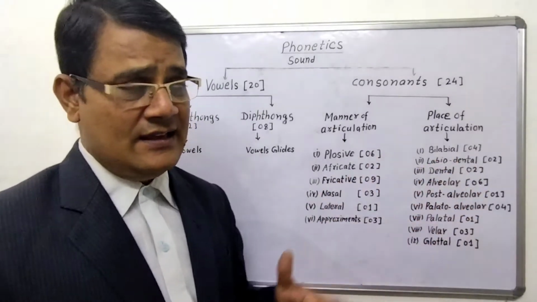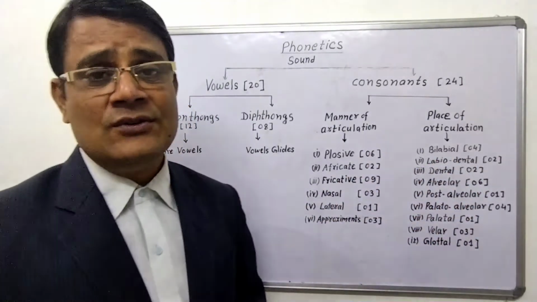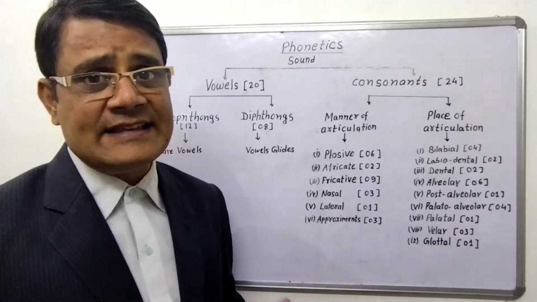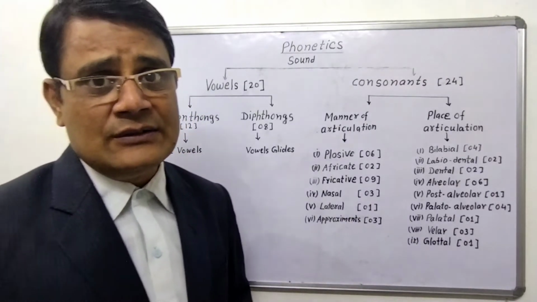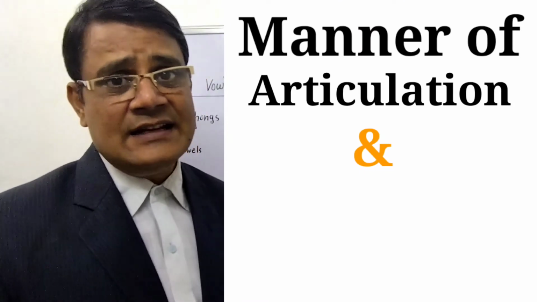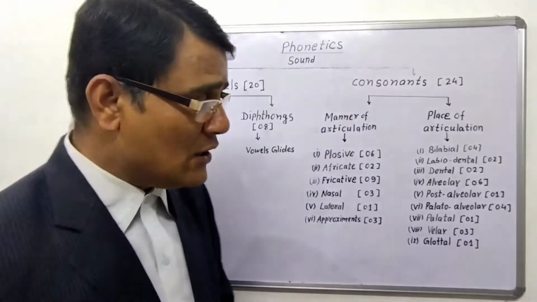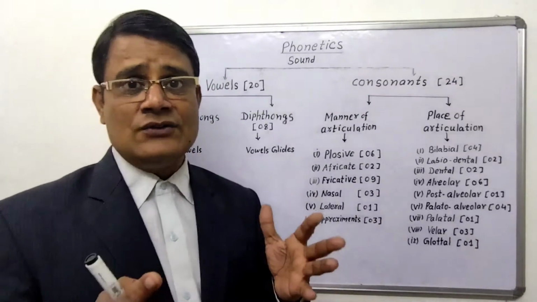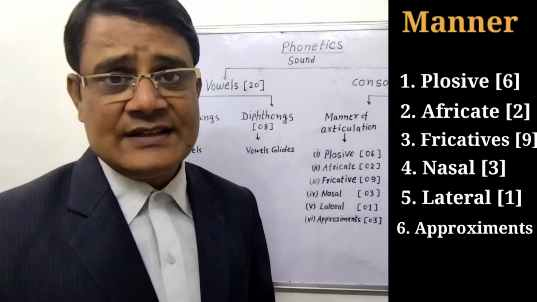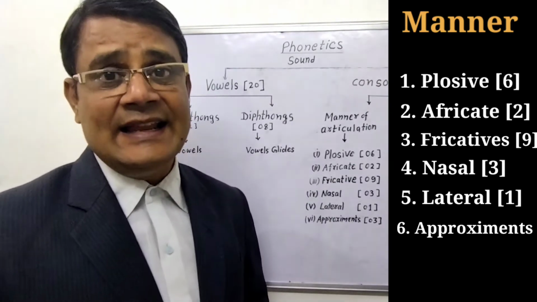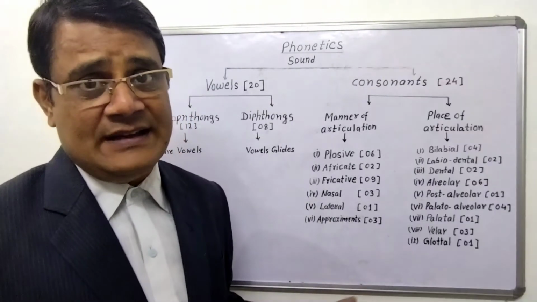In this way, consonants also can be classified in two broad categories on the basis of manner of articulation and place of articulation. On the basis of manner of articulation, the consonants are plosives, affricates, fricatives, nasals, lateral and approximants.